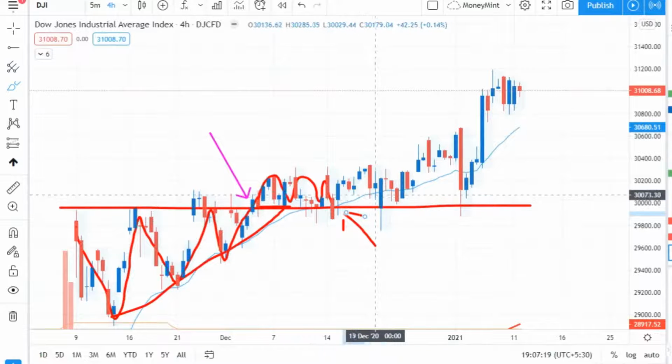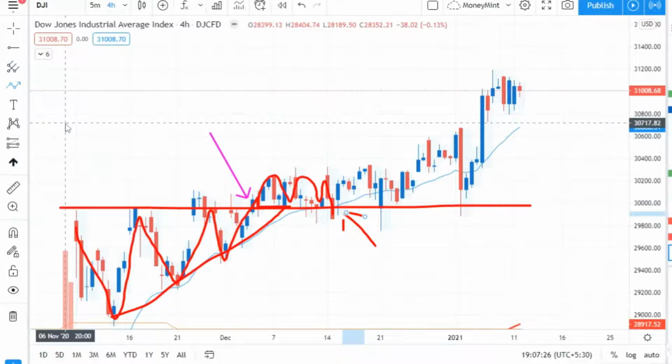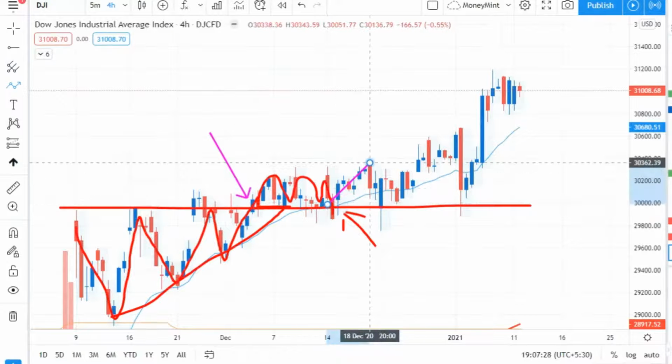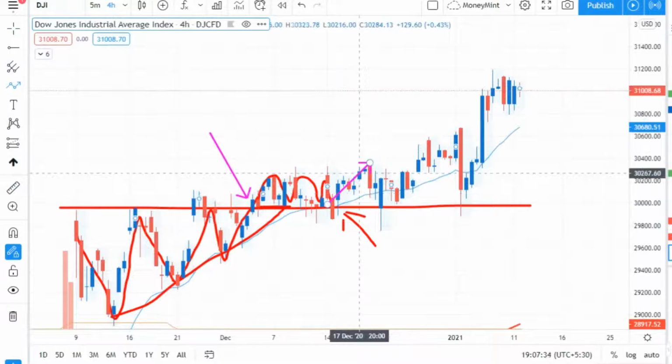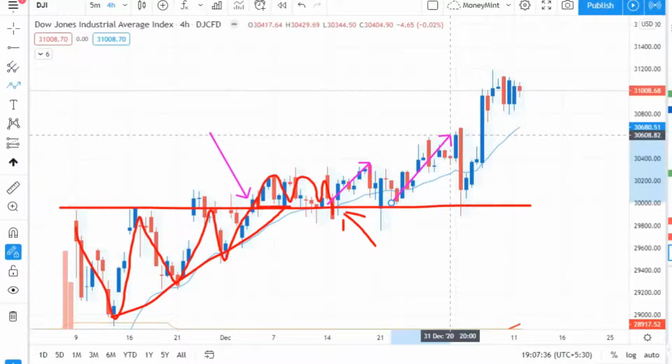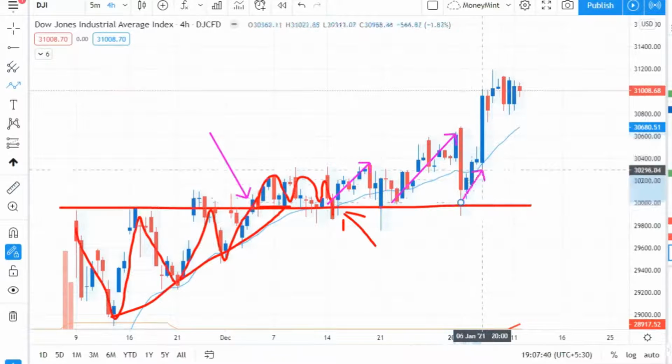So you can see the kind of movement. If we measure the quantum of upside movement, it was this much first. Then the second time it became much higher. Then the third time it became much higher.